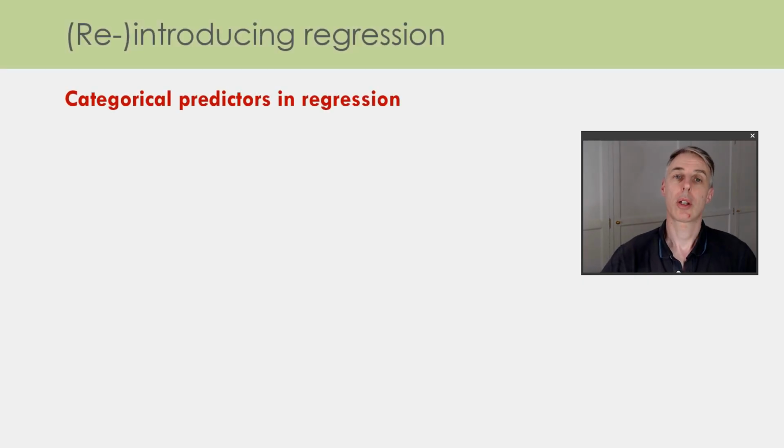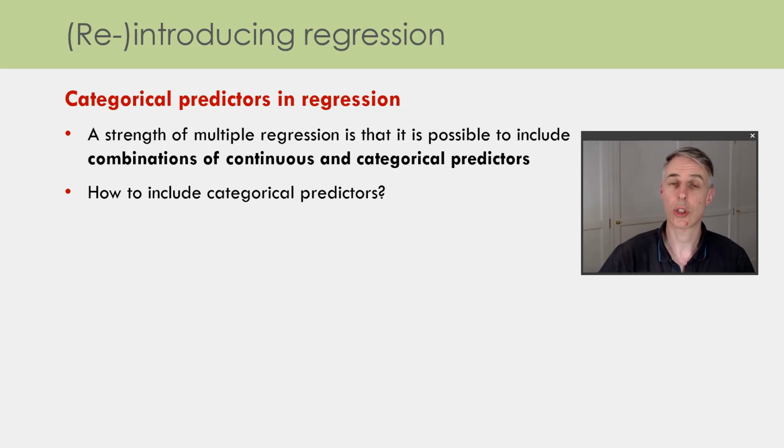So in this final part I'm going to start by considering how we might include categorical predictors in regression. So I talked initially about regression being a good analysis option if our predictors are continuous, but one of the strengths of regression is that it's possible to include combinations of continuous and categorical predictors in our model.